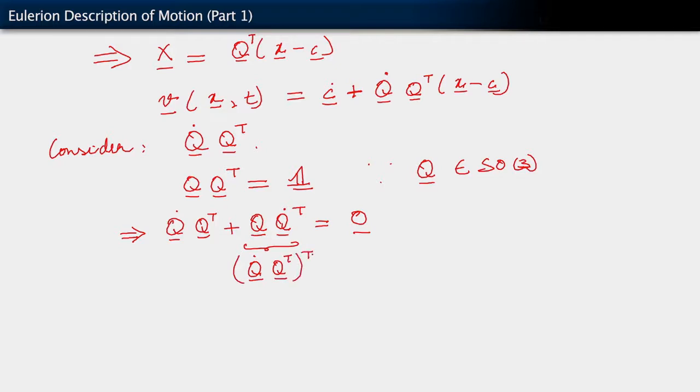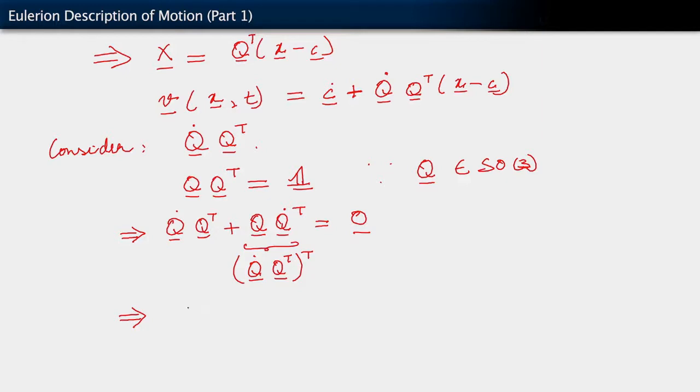Okay? Which implies that, well, what does it imply for Q dot Q transpose? Right, think about it for a second. So you have Q dot Q transpose plus Q dot Q transpose, the whole transpose equals 0.